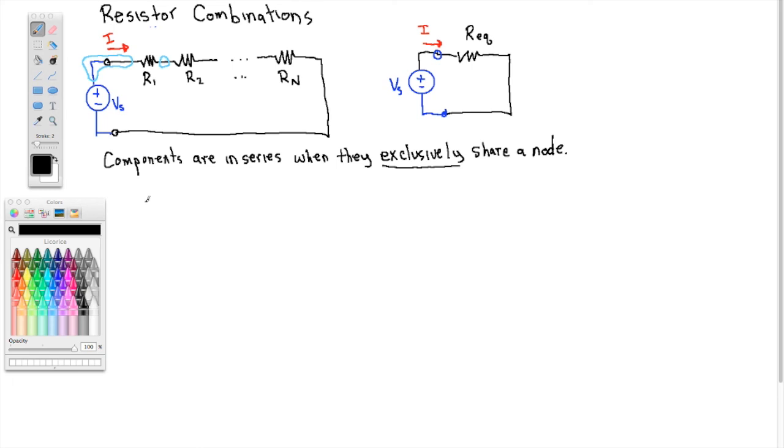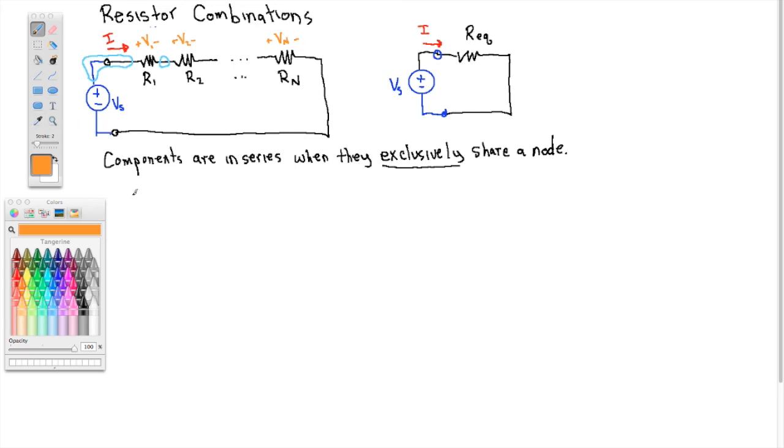What I've got is the voltage across each resistor. We'll write that in orange: V1, V2, Vn. Each resistor has a voltage across it.